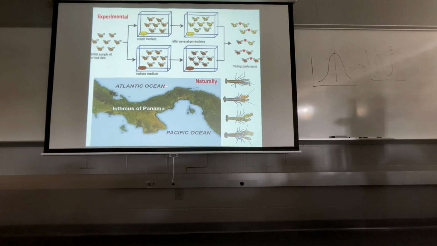There are a bunch of natural examples of this, and this one is one of the best examples. I love this one. So this is the bottom of Central America, and the last part of Central America that actually rose up out of the ocean was the Isthmus of Panama and Costa Rica. And so there used to be open ocean here where the Atlantic could communicate with the Pacific, right?